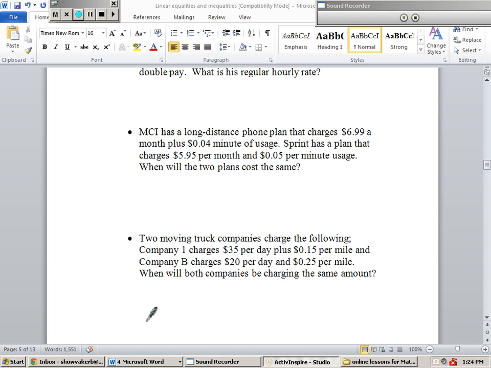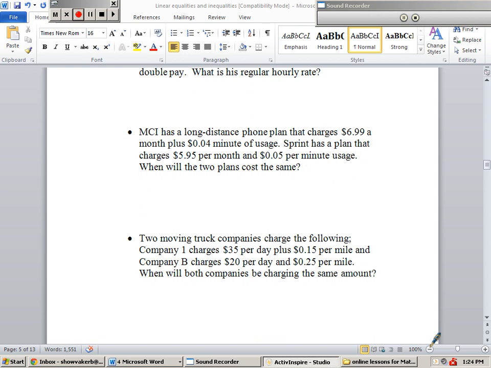Move my 0.25 over, move my 35 over. I get negative 0.10m equals negative 15. Divide by negative 0.10. M is 150 miles. So they are both equal at 150 miles.